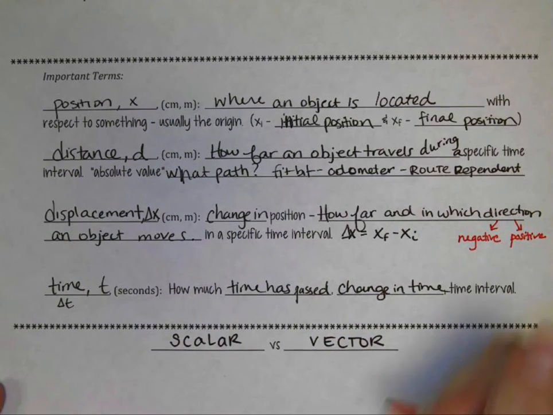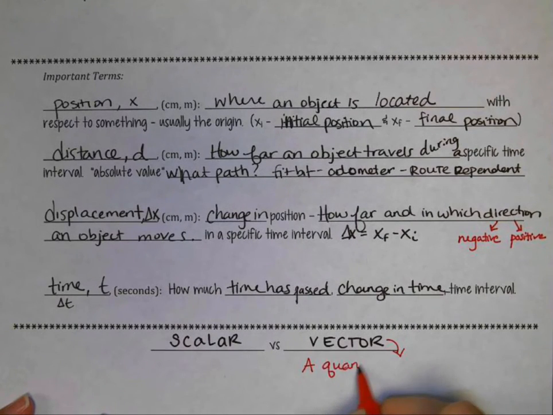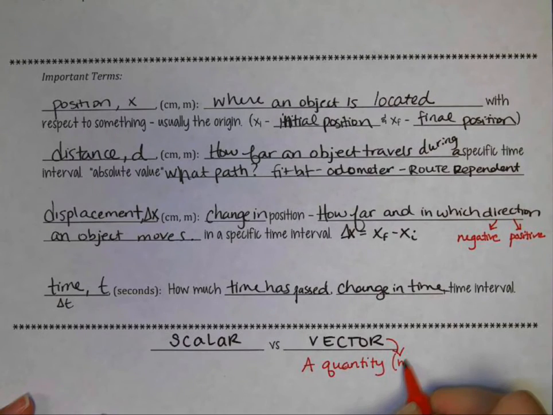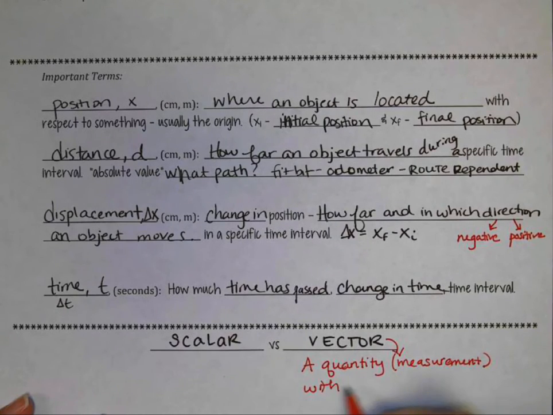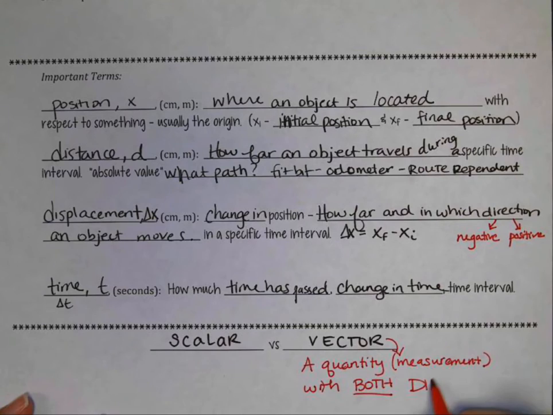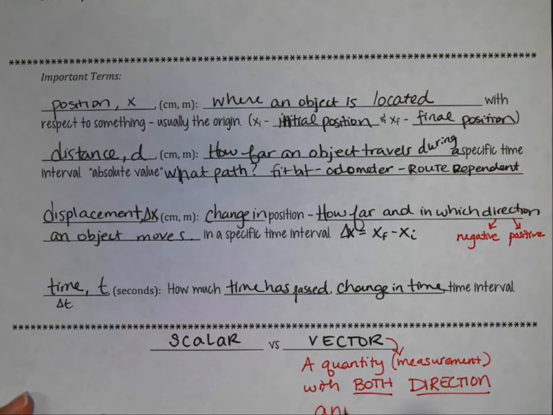A vector is defined as a quantity, and in our case we usually are talking about measurements, with both direction and magnitude.